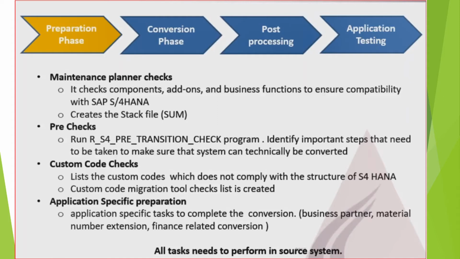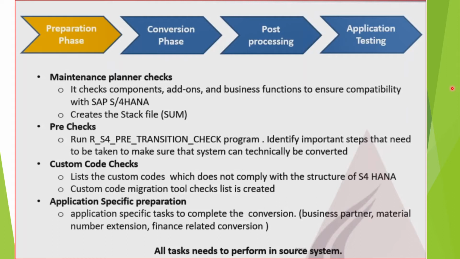So what happens is you run some pre-checks, which check whether the components are compatible. Those are the things you execute in your TM standalone system to check whether the systems are compatible when they migrate to S4 HANA.